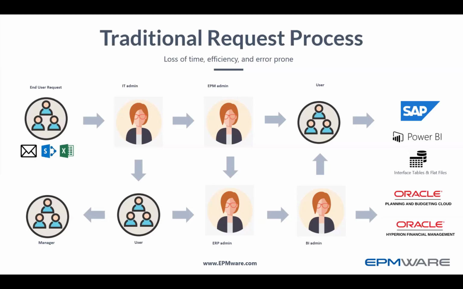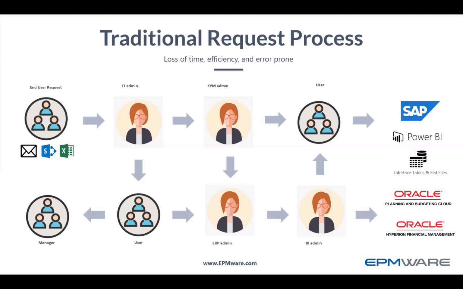For instance, I need a new cost center, and now that cost center needs to not only go to my EPM applications, but it needs to go to my ERP applications, and it may have different roll-up positions in different applications and different properties. But the end user doesn't always know what level of detail to specify when they're creating that request.